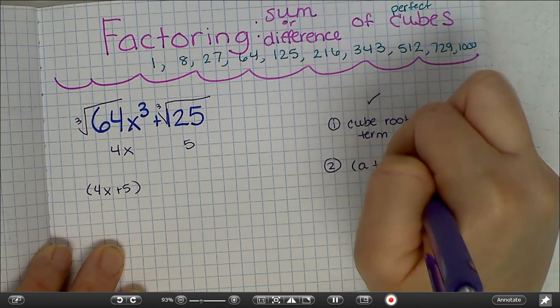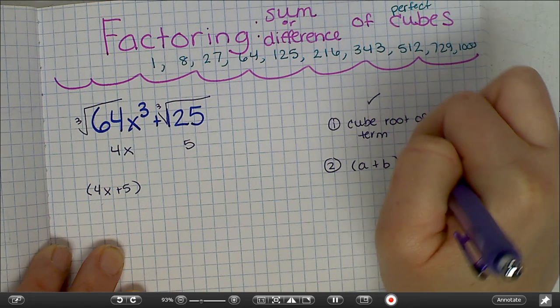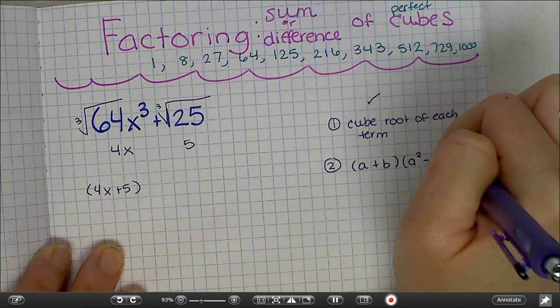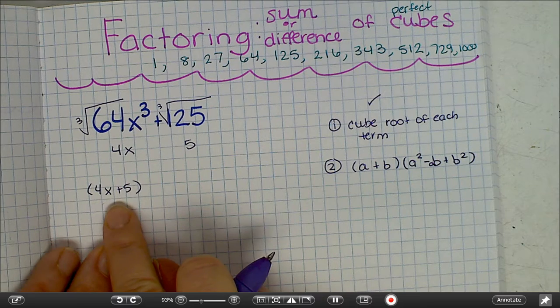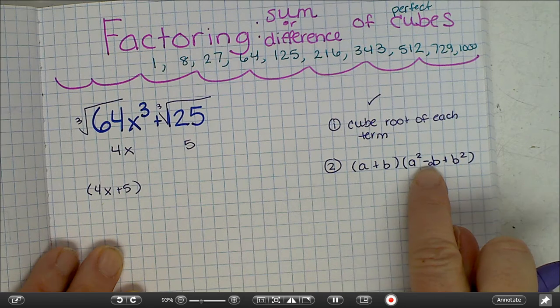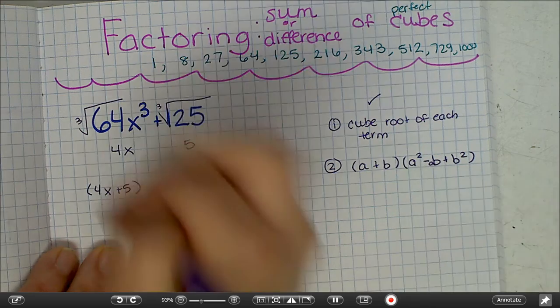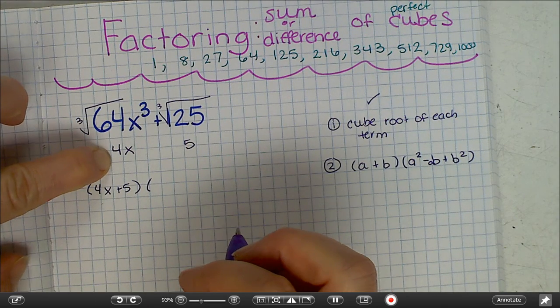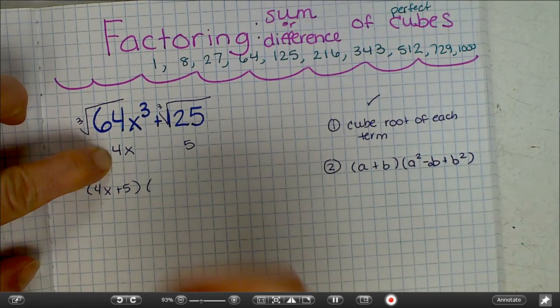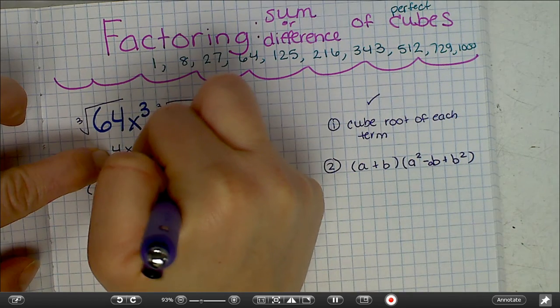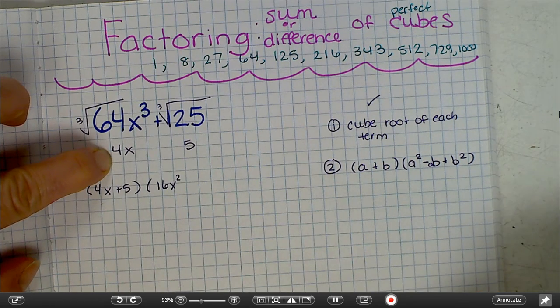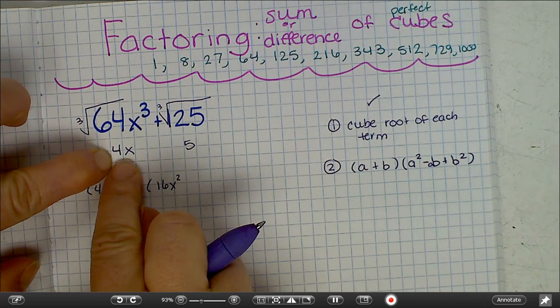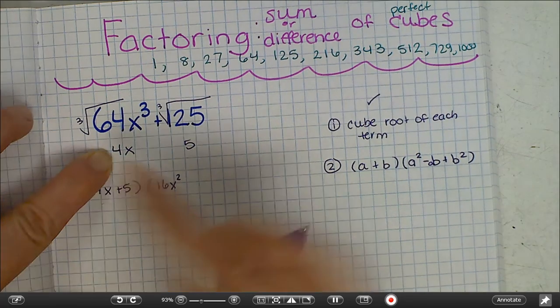The second part is a little bit different. When it's addition, the first sign you write after that is the opposite. It's negative, okay? You're going to take the first term and square it. 4x squared is 16x squared.